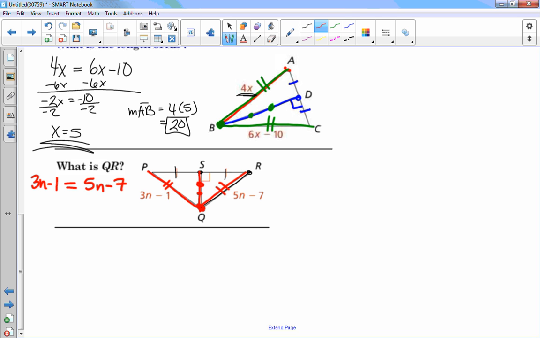You need to add 1 over, so add 1 on both sides. How do you move that 3n? So subtract 3n on both sides.